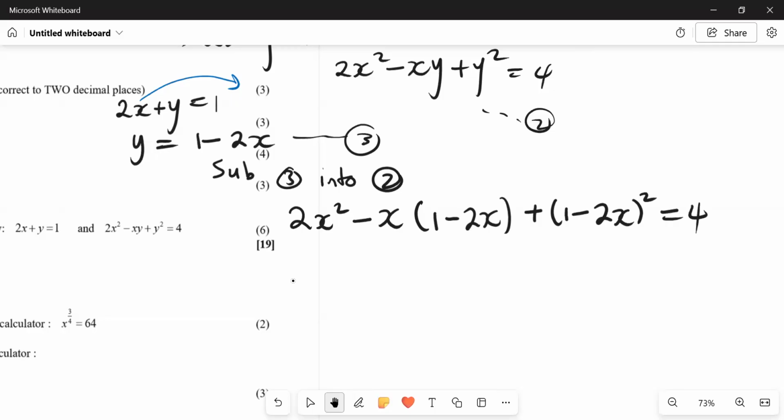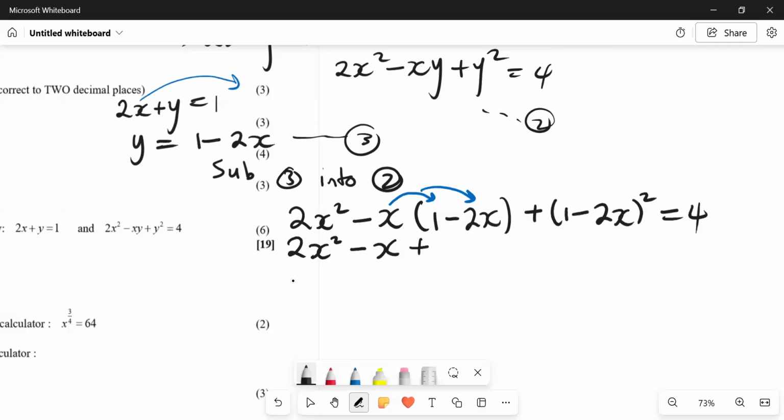And then now distribute, so that we can get rid of the bracket. So this is 2x squared minus x plus 2x squared, plus, we will just use the FOIL method, so this is 1 minus 4x plus 4x squared, minus 4 equals 0.